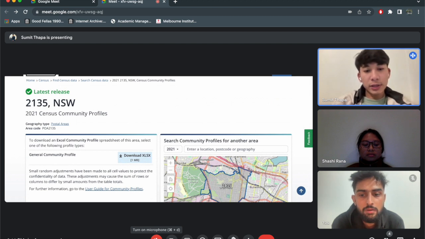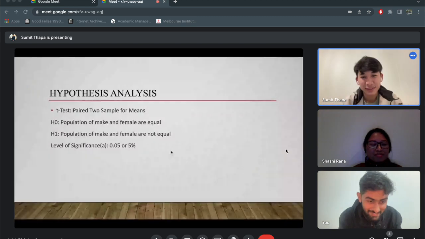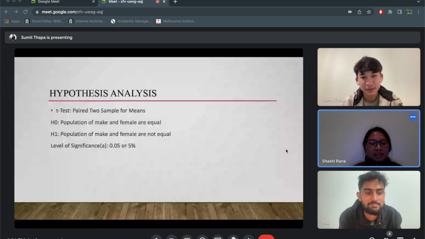My teammates also followed the same process to gather data for their postcodes and councils. Thank you, Sumit. For hypothesis analysis, we selected the t-test.